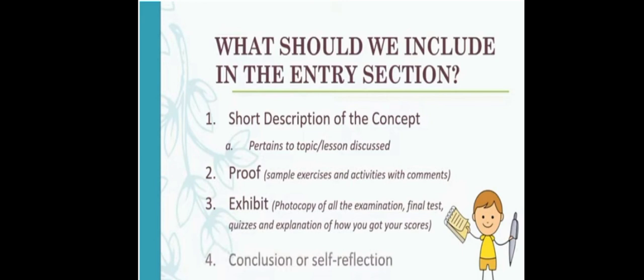And then next we have a proof or sample exercises and activities with comments. So here in proof, you can put all your different activities pertaining to the lesson. So it could be either a test, performance task, and such. So it could even be a rubric that includes your teacher's feedback on your particular performance, and the exhibit.